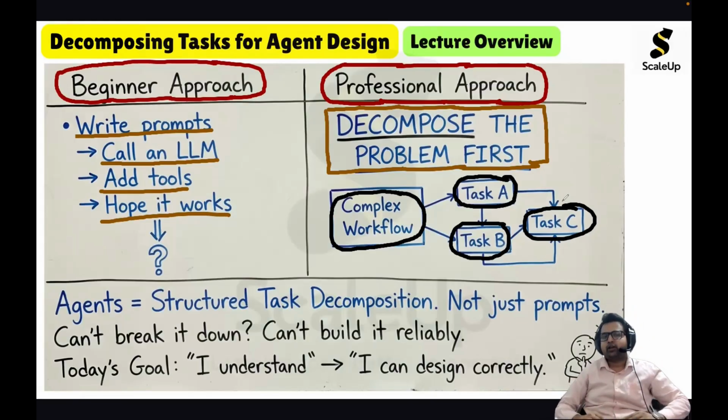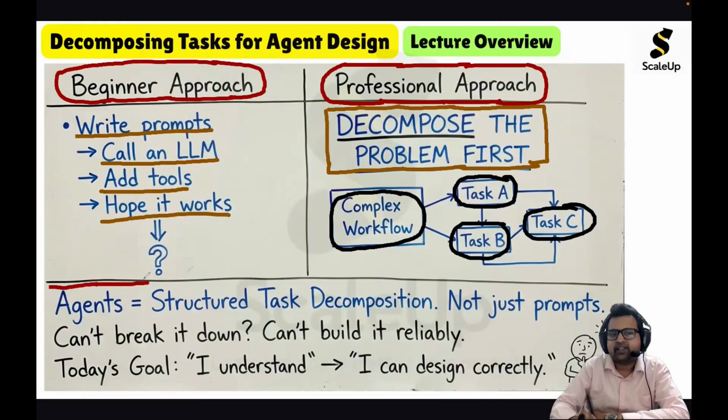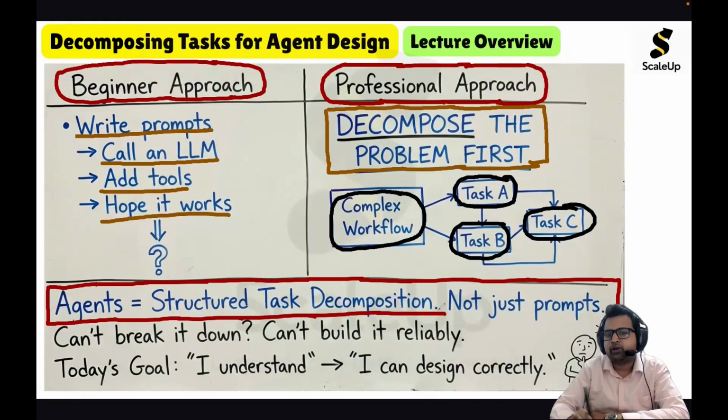So it's very clear that if we are planning to design agents, first we decompose the complex workflow into tasks. When designing agents, we have to do structured task decomposition, not just prompts. Then for each task, we can design prompts and give them to the LLM so that it can solve each task.